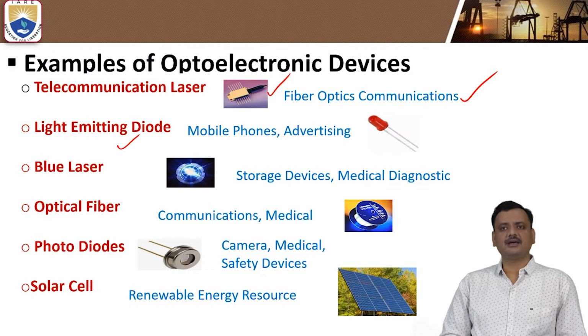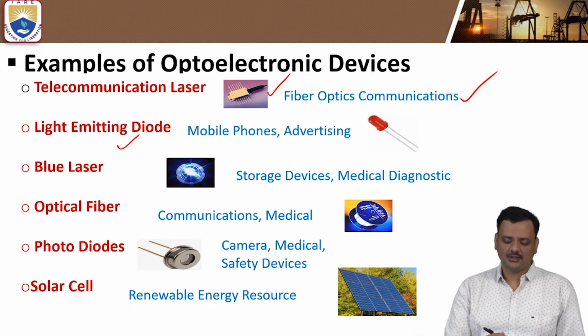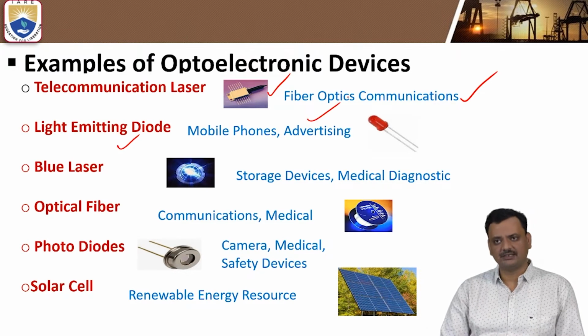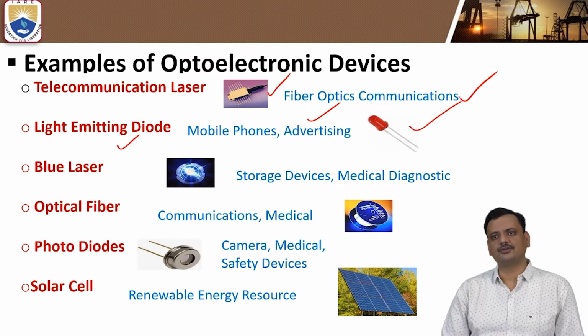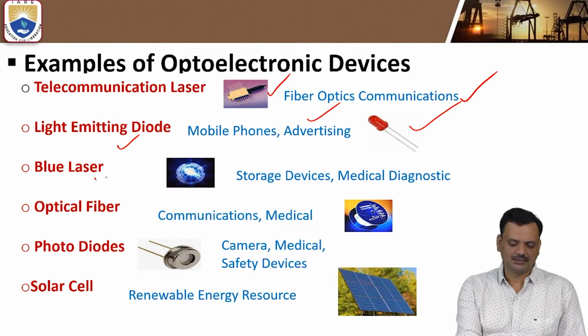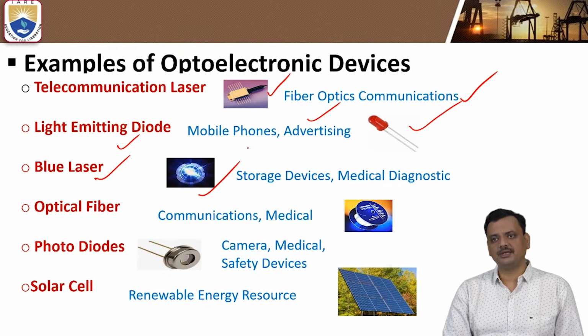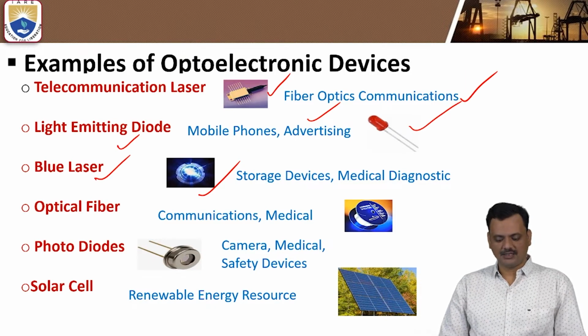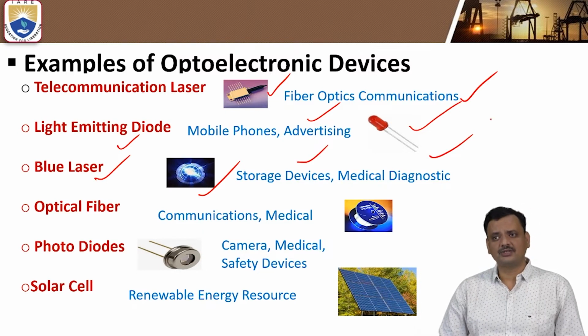It is useful in advertising panels and mobile phones, and this is the figure of the light emitting diode. The next example is the blue laser, which is applicable in storage devices and medical diagnostics.